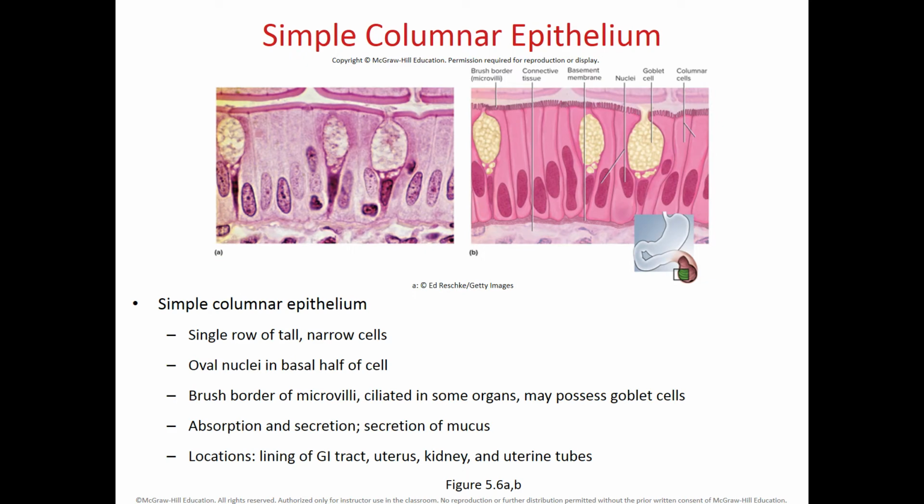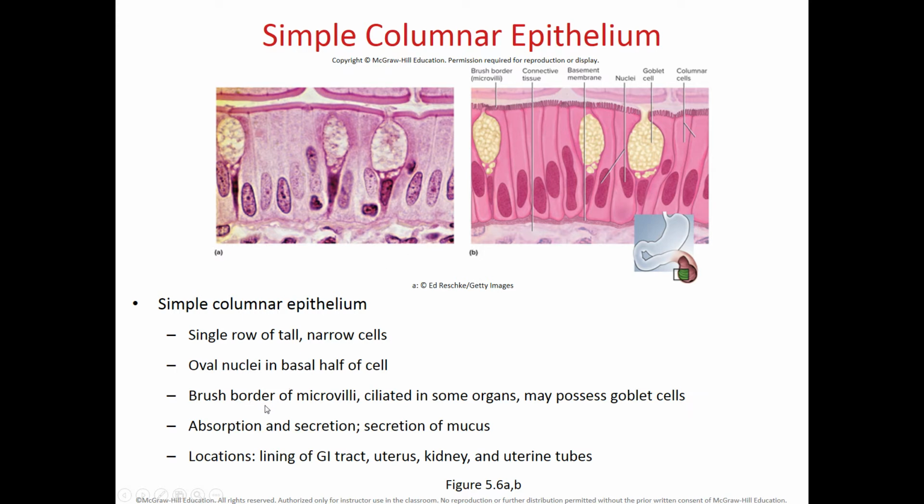Simple columnar epithelium. So you have only one layer of cells, like in this case, and the cells are taller than wider. And here you have the goblet cells that I already mentioned. So these are mucus producing cells that look like a wine glass. So within these cells, the nucleus looks oval, not round, and they are located towards the basement membrane.